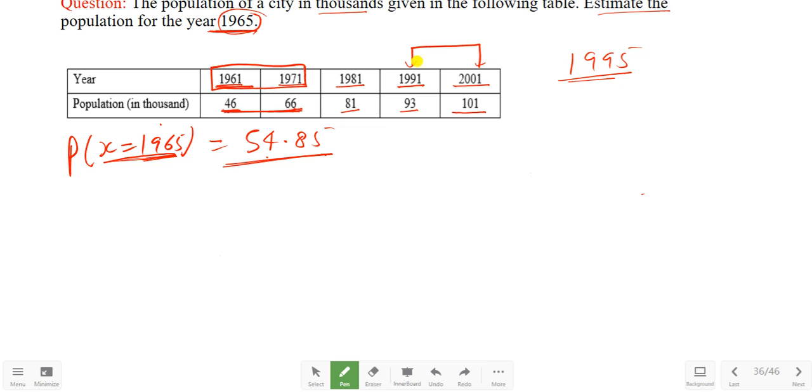So in that case, we use the Newton's backward difference interpolation formula to compute the population, and the value of the population in the year 1995 lies between 93 and 101. So this is the procedure to compute the functional value at a given value of x inside the table, that is, inside the given data.